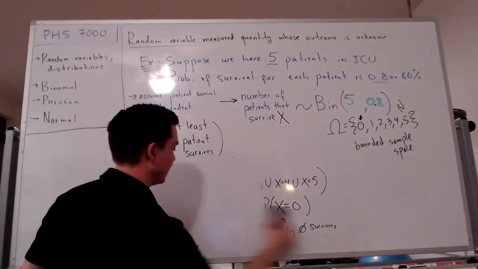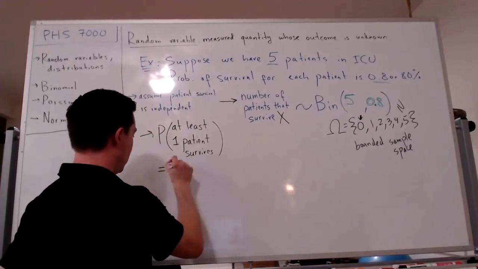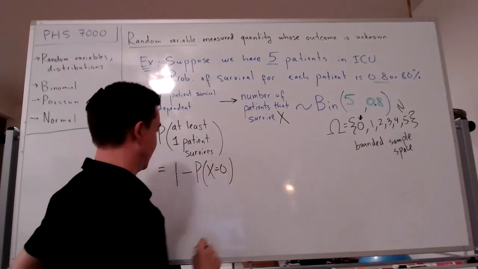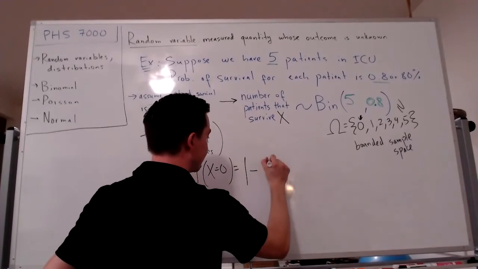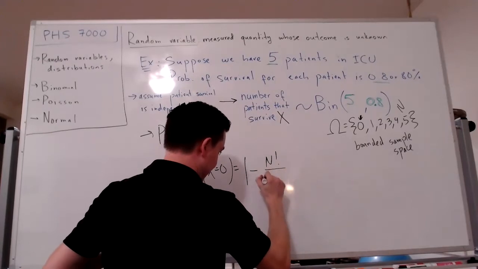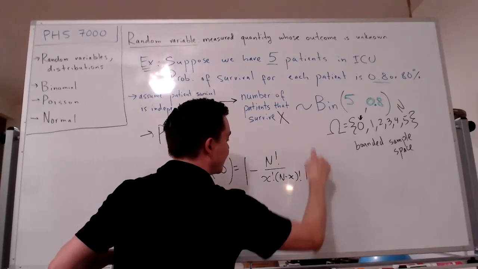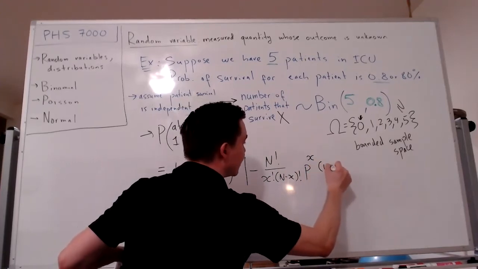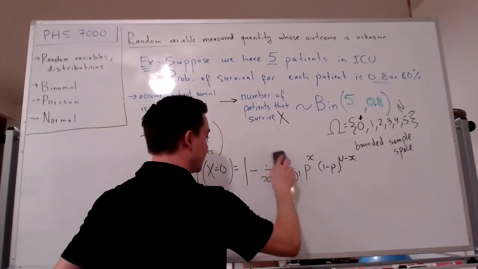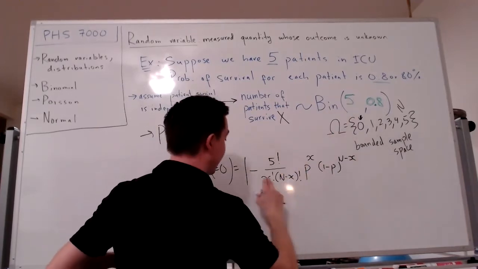So, 1 minus the probability of exactly 0. All right, so 1 minus n factorial over successes factorial, failures factorial, times the probability of success raised to the number of successes, times the probability of failure raised to the number of failures. A little bit quicker: I have a sample size of 5, n equals 5.